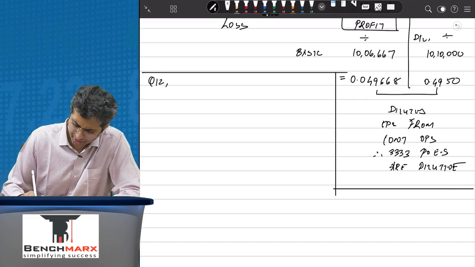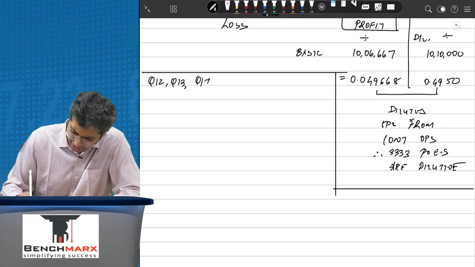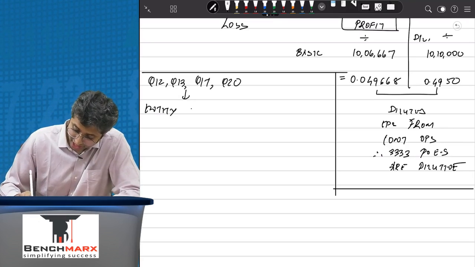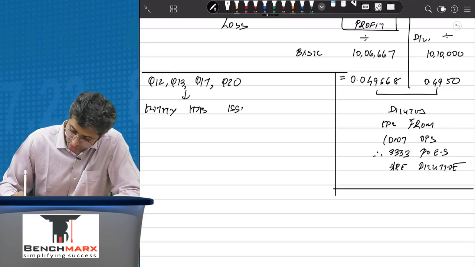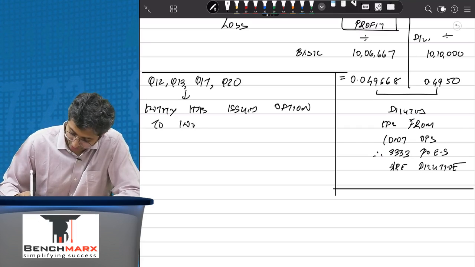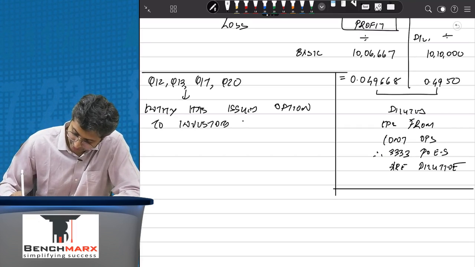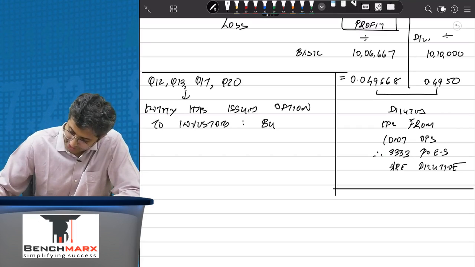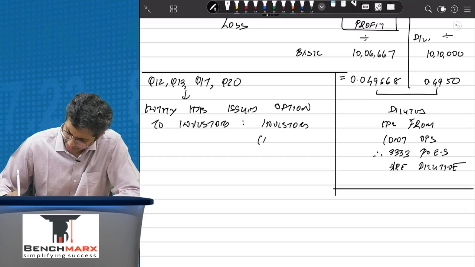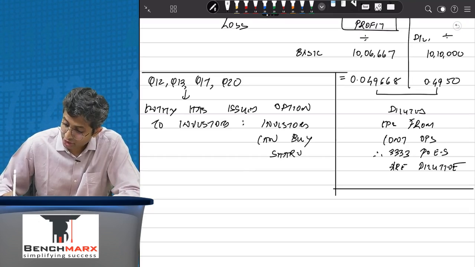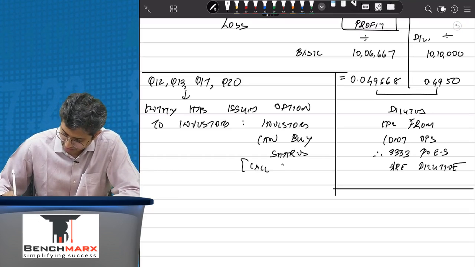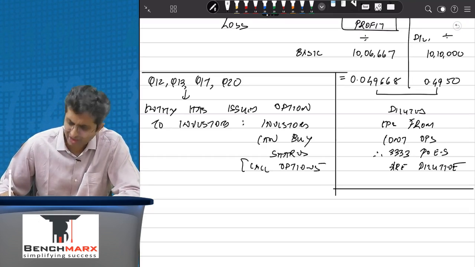So question number 12, question number 13, question number 17, question number 20, in all cases, entity has issued options to investors whereby the investors can buy the shares if they desire. So these are called call options written by the entity. So these are call options, that is giving a right to buy.